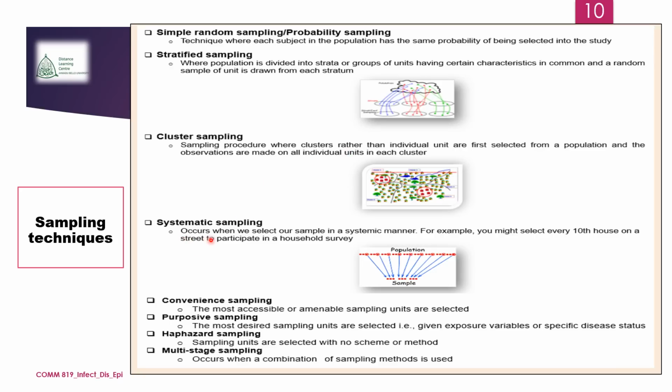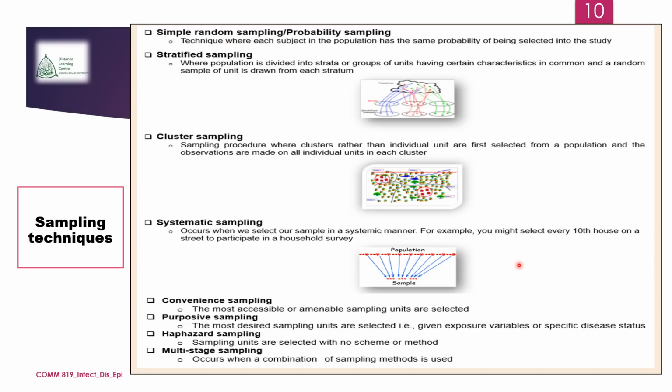Then systematic sampling. Systematic sampling occurs when we select our samples in a systematic manner. For example, you might select every 10th house on a street to participate in a household survey. Or in another simple form, maybe in a hospital, you may decide that every nth person that comes to the hospital will be among your sampling subjects.